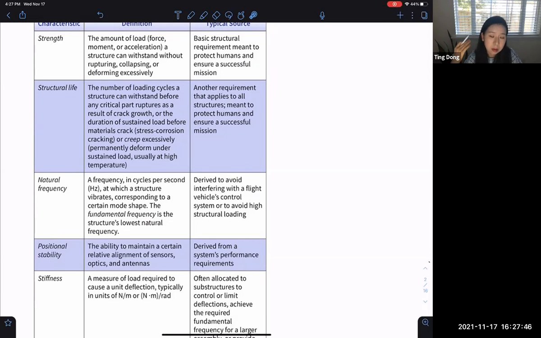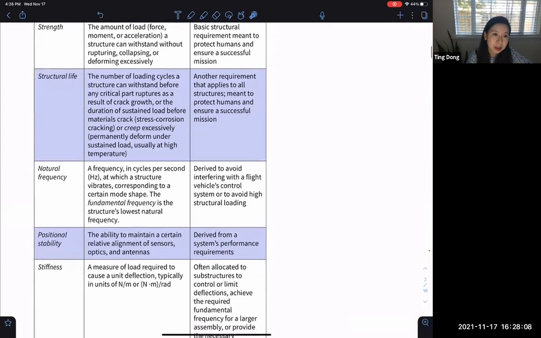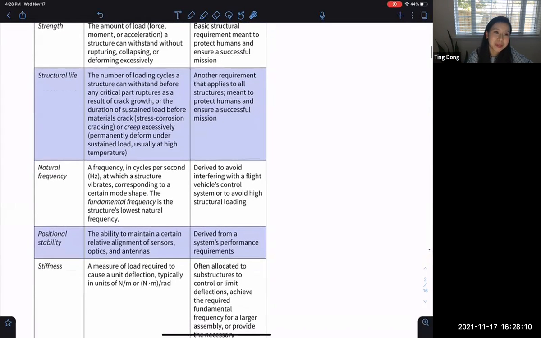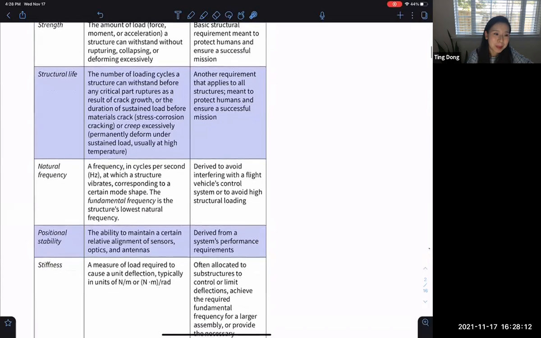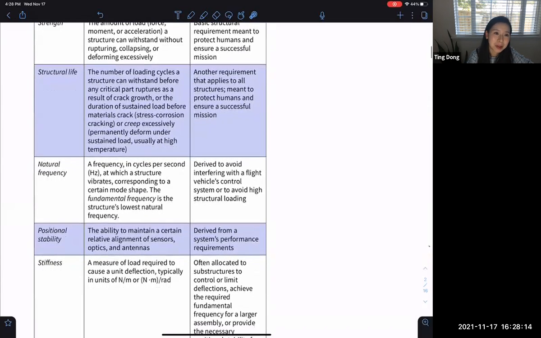The fundamental frequency of the coupled payload, which is our EV and the launch vehicle, should be outside the range of the frequency of the launch vehicle control system, so it will not cause excessive loading and vibration. This is also a very important structural analysis, and again, it's not required for this semester.